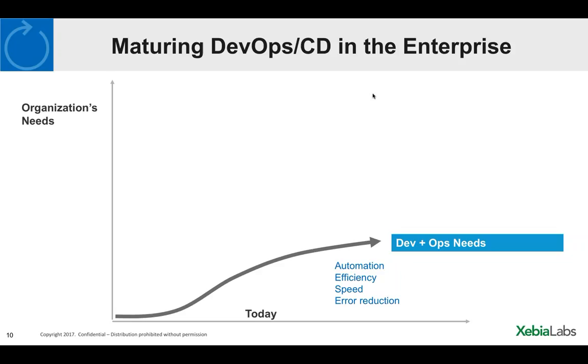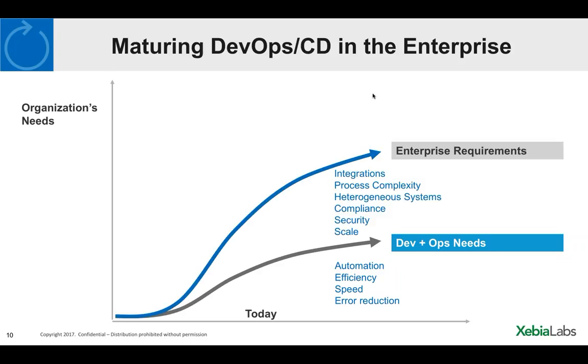Now, once an organization masters those basics, which are typically at the individual project or department level, the next step to scaling is to start thinking about how this fits beyond my team into the broader enterprise. This we typically see as the second phase of DevOps, where you're starting to look at things like how do integrations across multiple systems happen?